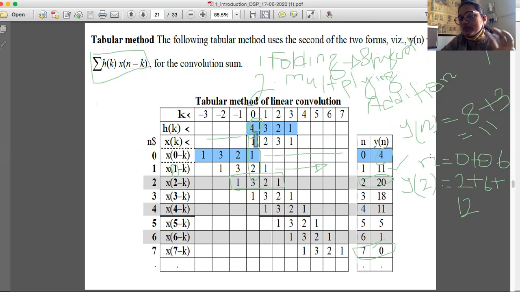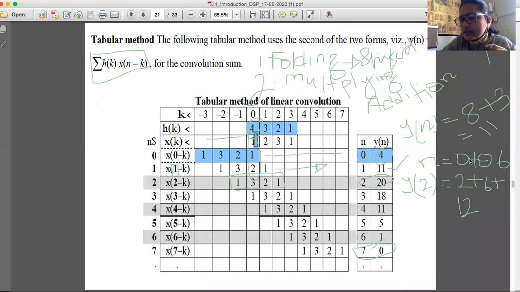Both have started from 0, so the extreme position of both sequences is 0. And at the right hand side, the extreme position is n equal to 3 for each. So 3 plus 3 is 6. So the output sequence y of n will vary from 0 to 6, right?